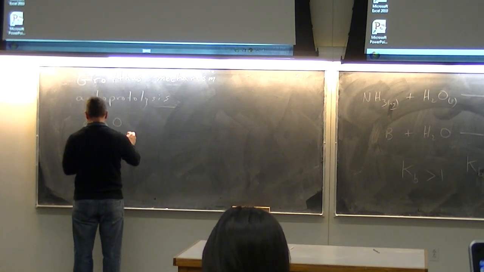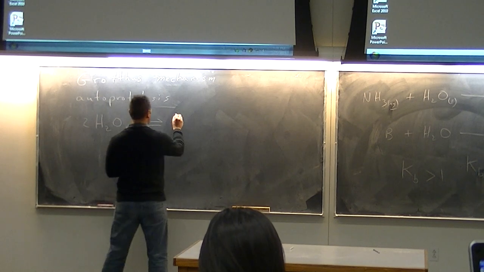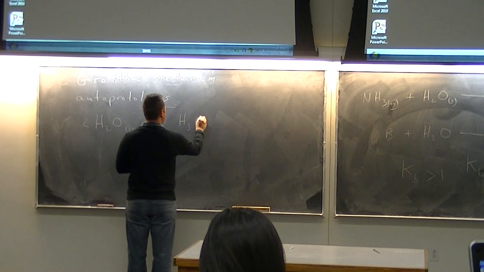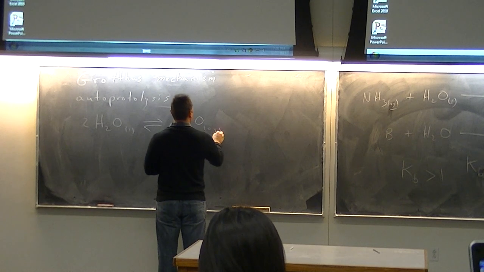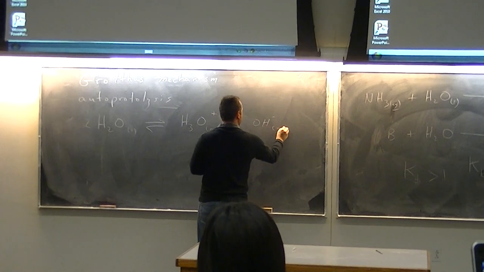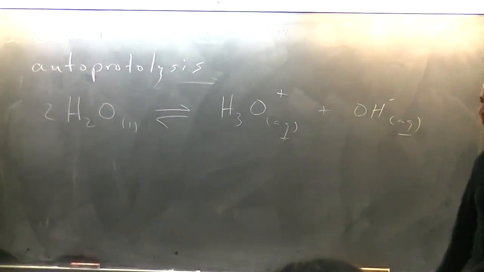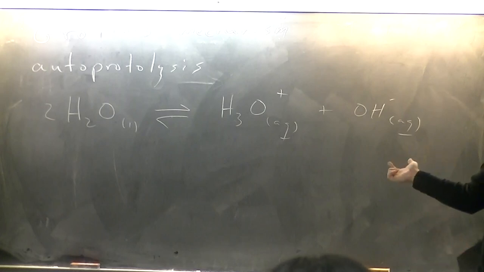So two water molecules can actually form H3O plus and hydroxide. And of course, this is another equilibrium constant that you know very well.